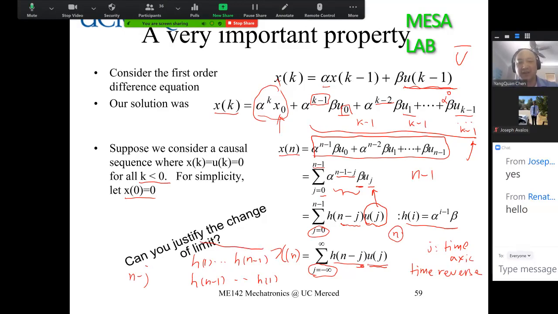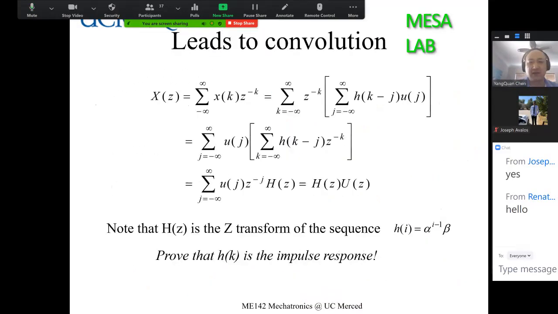This is the original signal, but if you write n minus j, it becomes reversed. So this is actually called discrete convolution of two signals, and we are going to focus on this next.